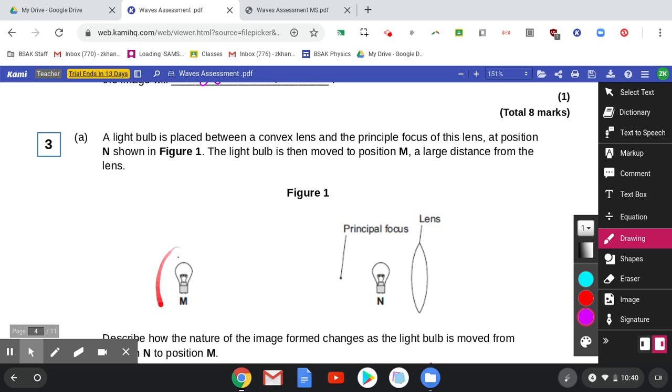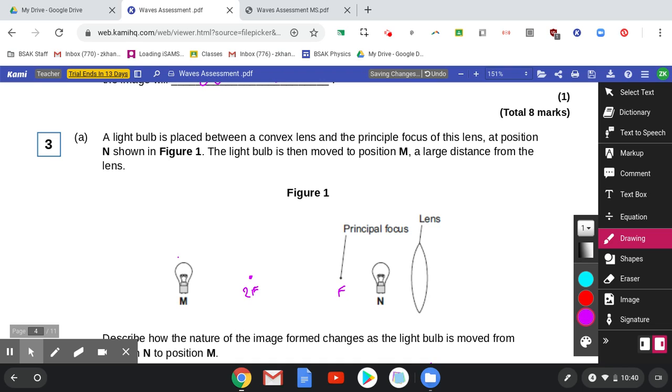Now, when the object is quite far away, we get a real image on this side. Let's say that's the principal focus. There's another point when we were drawing ray diagrams. That's twice the principal focus, and that's the principal focus.